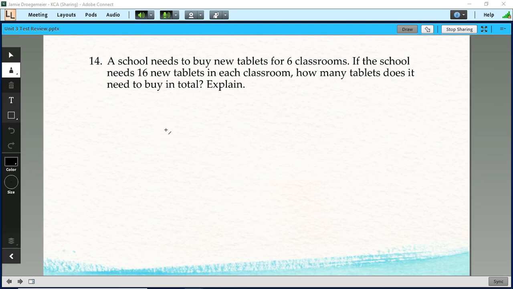We have 6 classrooms, and so we need to multiply those together to figure out how many we need to buy in total. And really that would be just explaining that since we need a certain amount in each one, we're going to multiply that quantity times the number of rooms to figure out how many we would need to buy in total.